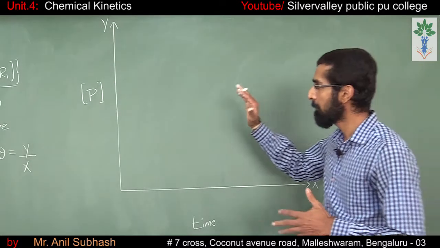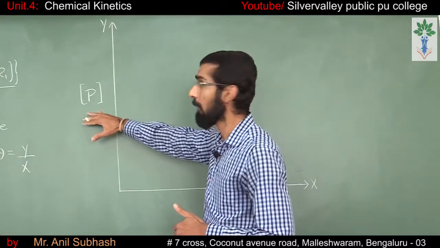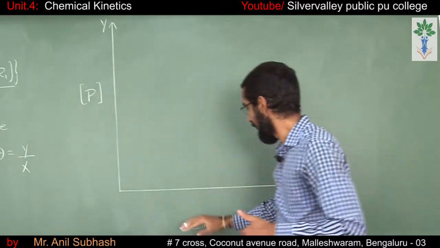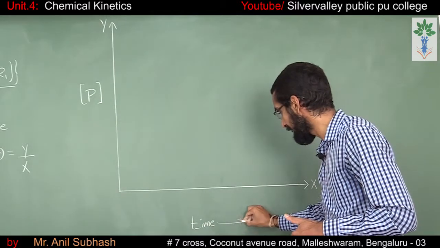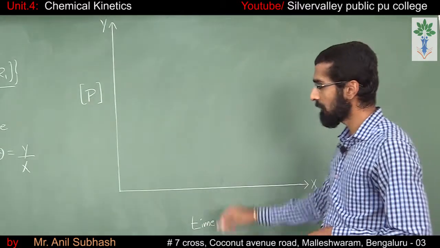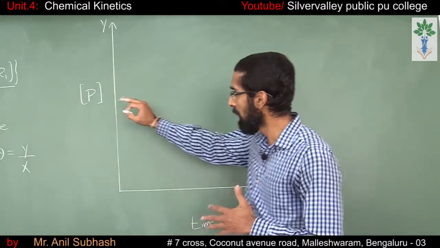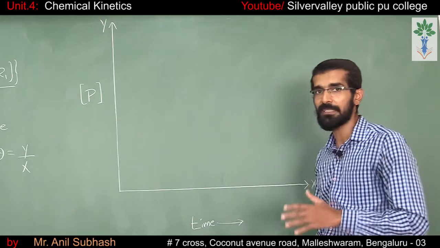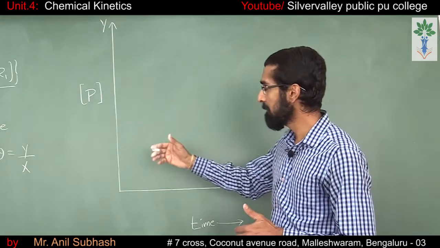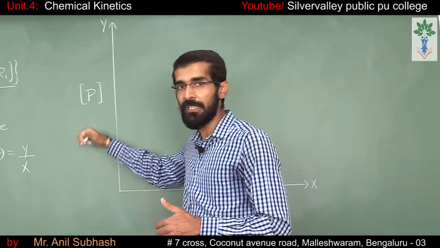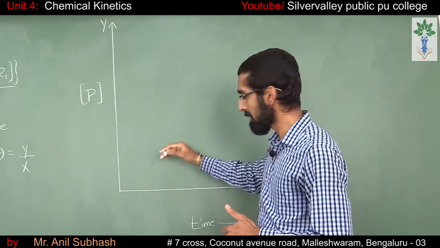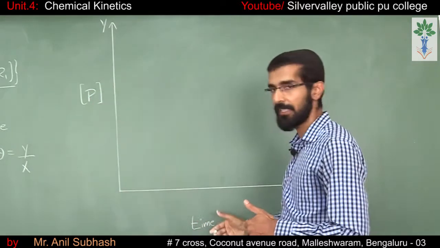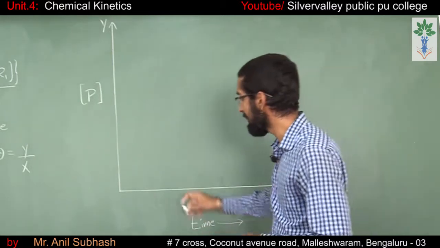Now if I plot the concentration of product along the y-axis and time along the x-axis, the curve will be in this way. We all know that initially the concentration of the product will be 0. With time, the concentration of the product goes on increasing. How the concentration of product varies with time can be shown graphically in this way.